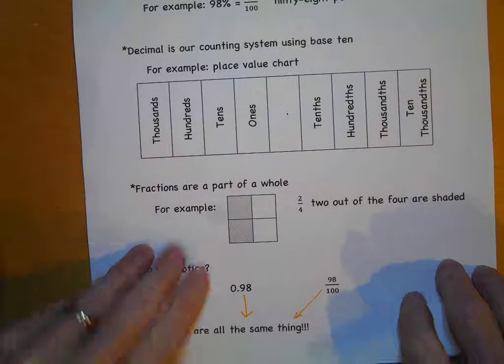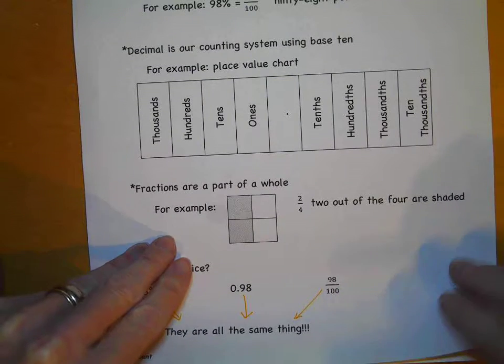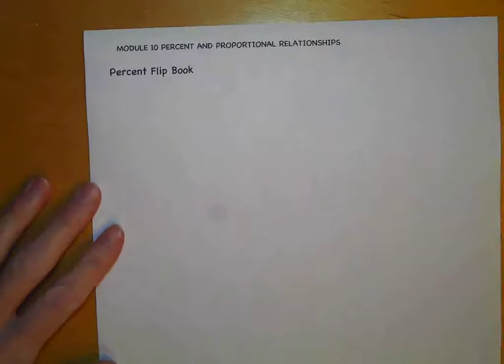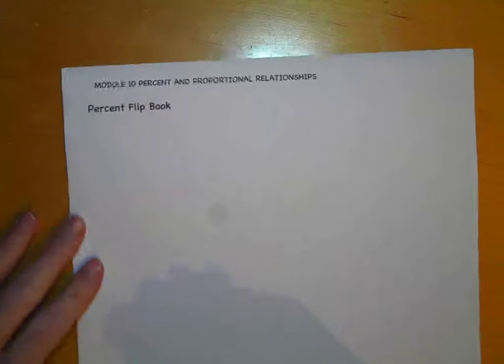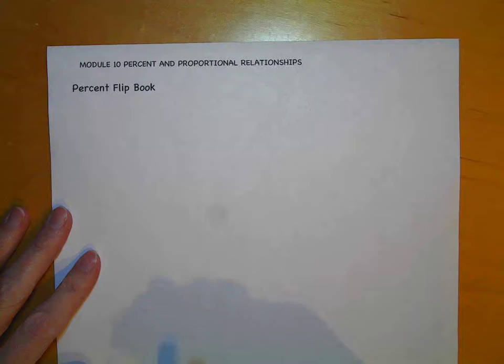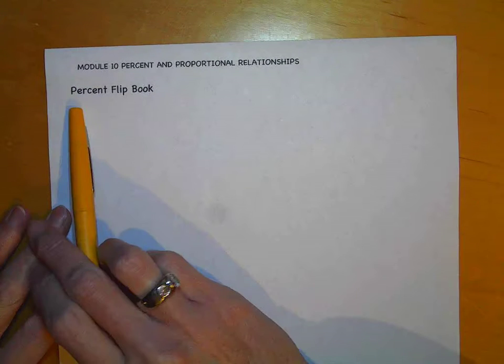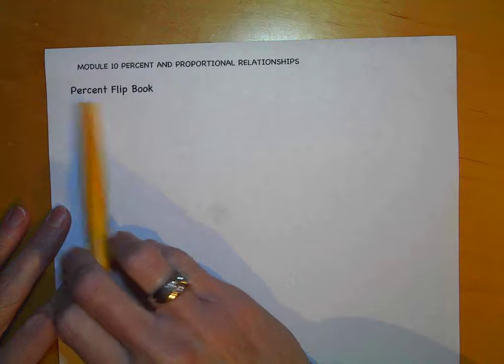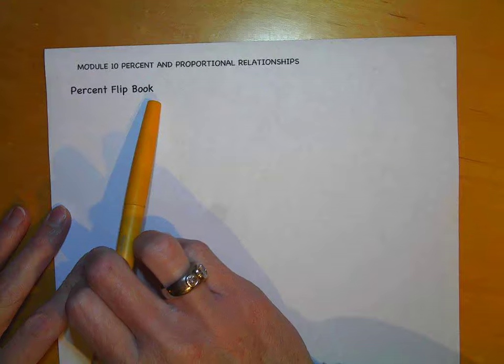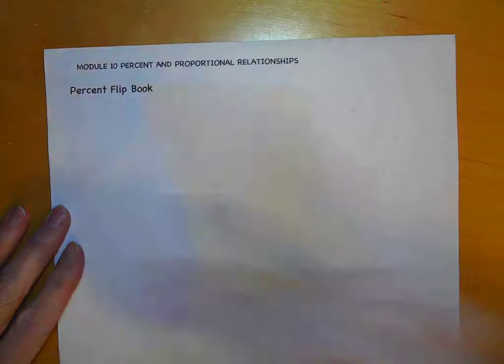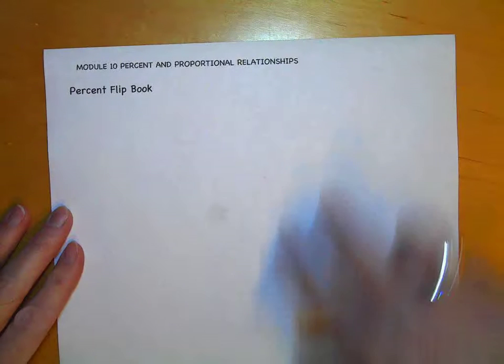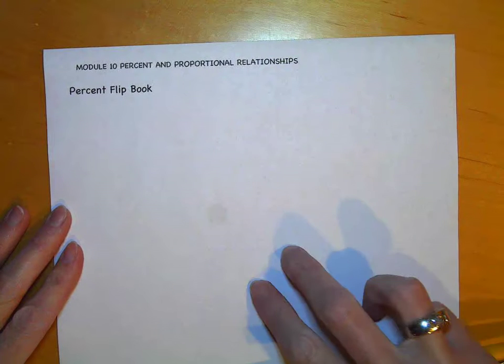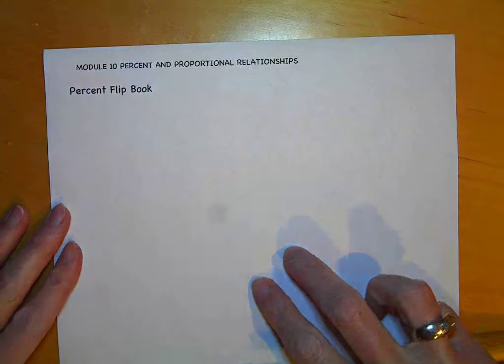Okay? All right, so then we have one more page in this lesson, and it's actually nothing that you get to do until we're in class, but the reason I'm showing it to you in the notes is because I need you to leave a space in your comp book, because in class we are going to make the percent flip book. When it's complete, you're going to glue it into this section of your comp book.